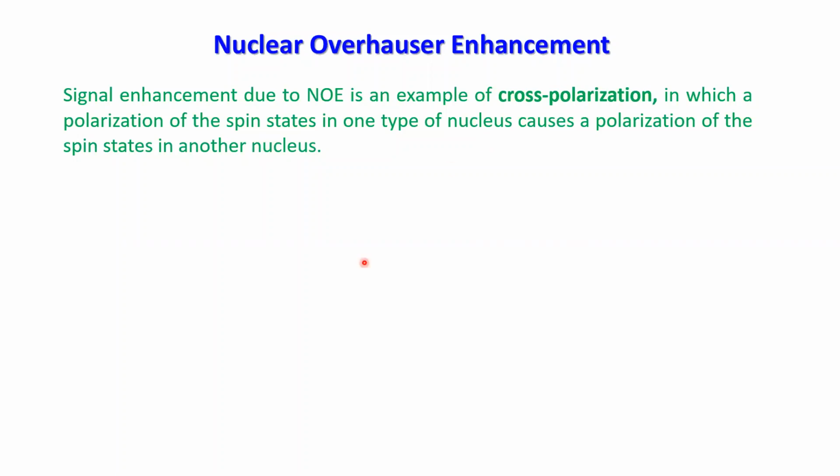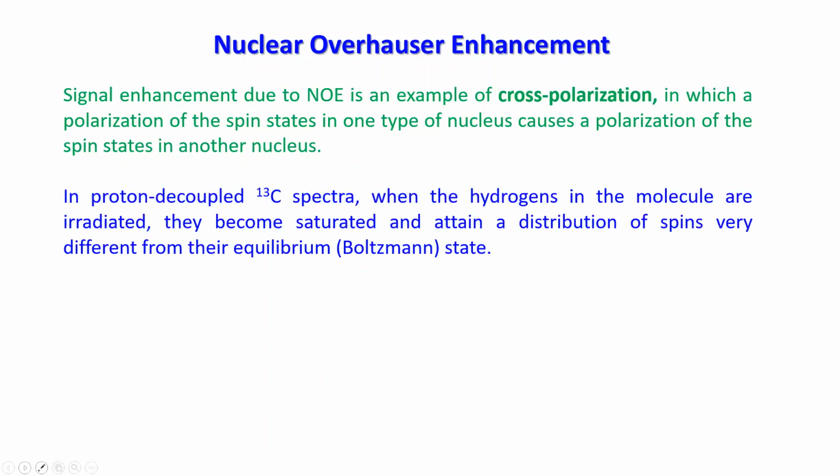In the proton decoupled 13C spectrum, the hydrogens in the molecule are irradiated using a separate irradiation technique, to make the hydrogens saturate as early as possible and hide the impact of hydrogen on the coupling or splitting.